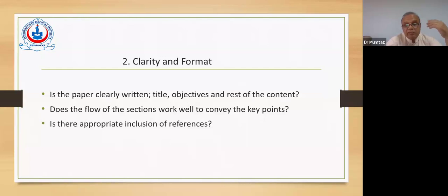So this is very important for authors, especially before publishing in a journal, they should see the prescribed format of the journal in which they are required to submit the article. Is the paper clearly written? Title, objectives and the rest.